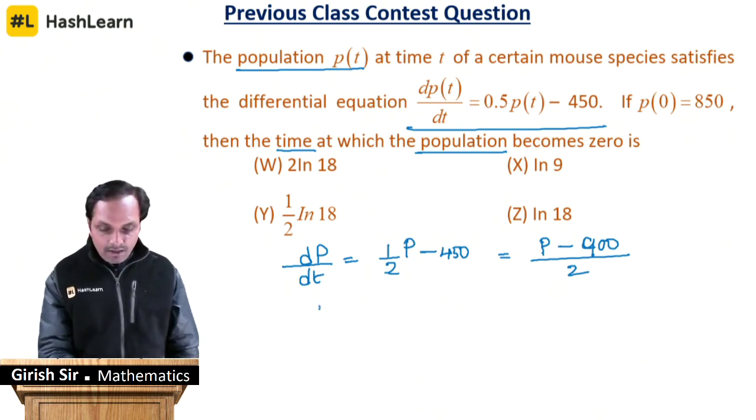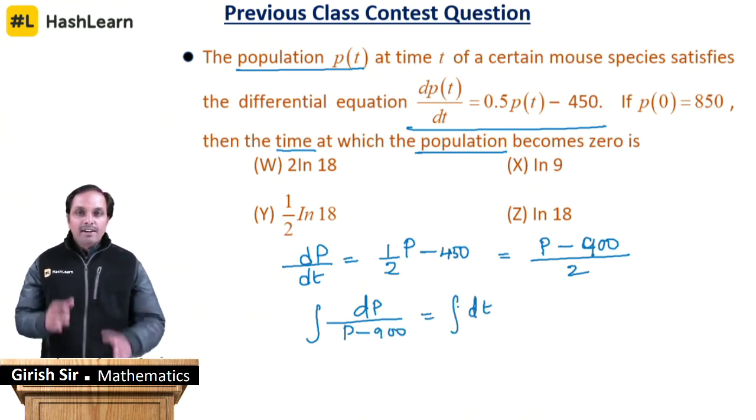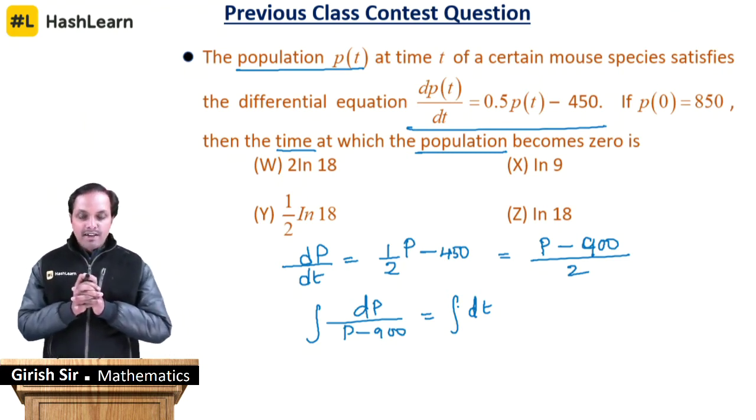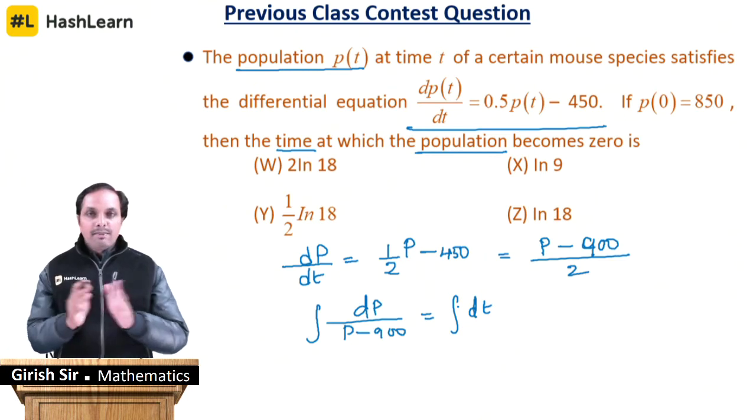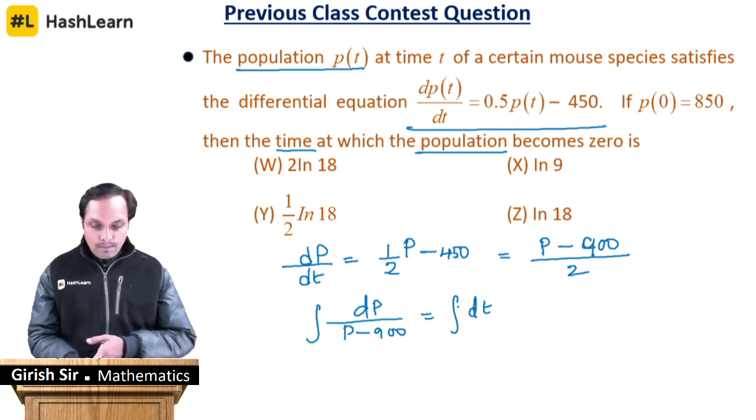Cross multiply: dp divided by p minus 900 is equal to dt. So here your dp should be with p terms and dt should be with t terms. Separate them on either side. Integrate now.